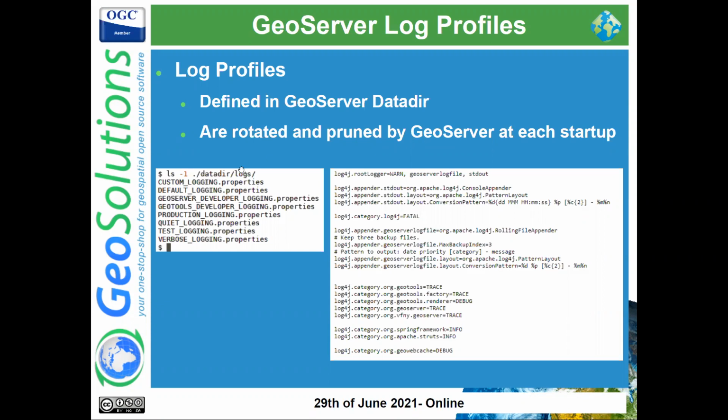We can see an example here on the right, which I think is the verbose profile defined in GeoServer, where everything is logged at a trace or debug level. And you can also see the rotation configuration of these files, so how many log files are kept for reference, for instance.